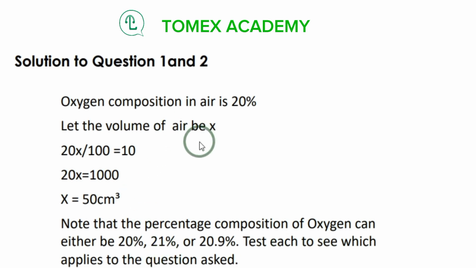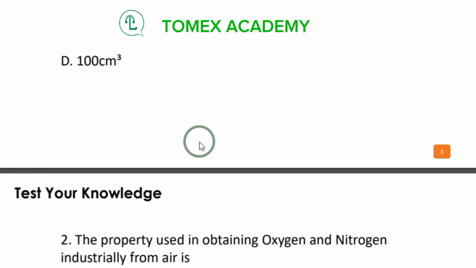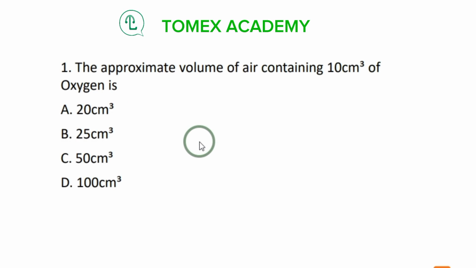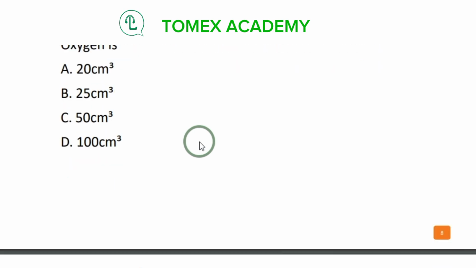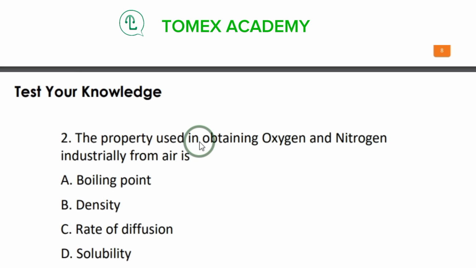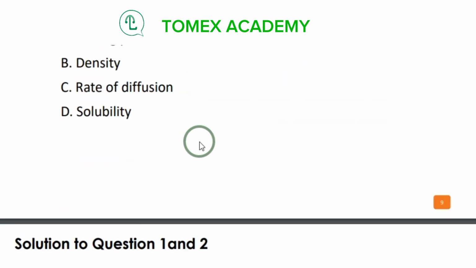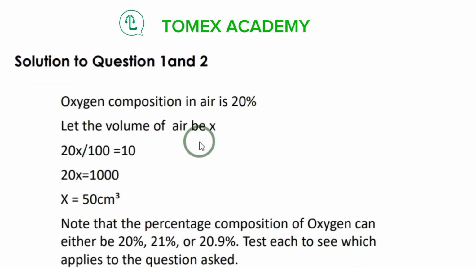So the question asks us to calculate the composition. Let's check the question again and look at the solution. The approximate volume of air containing 10 cm³ of oxygen. So we are told that particular air contains 10 cm³ of oxygen.